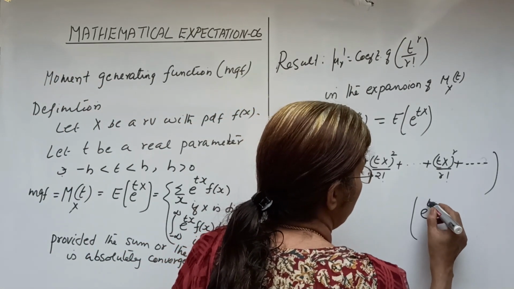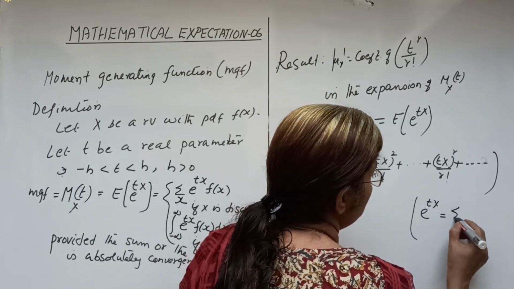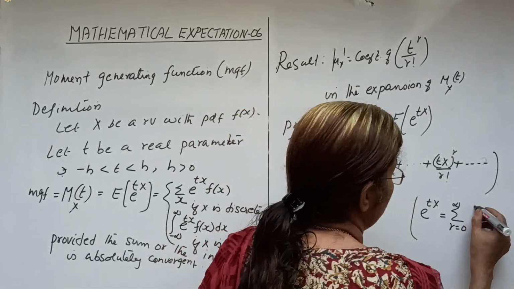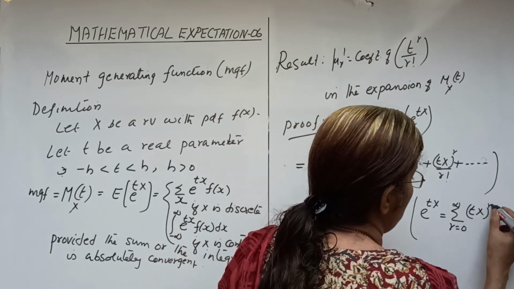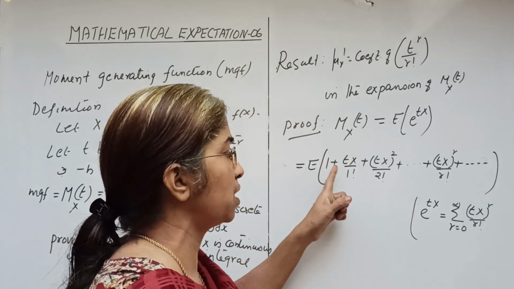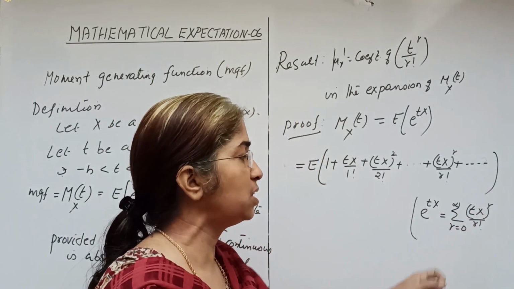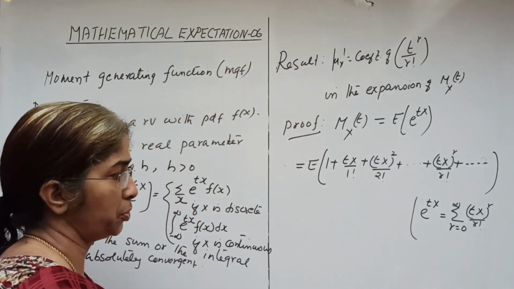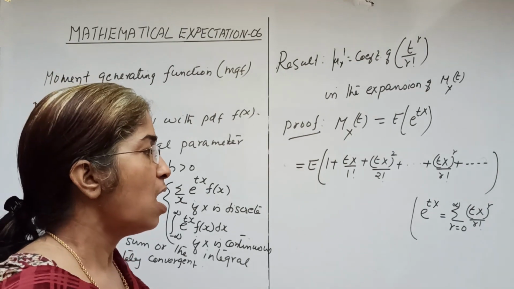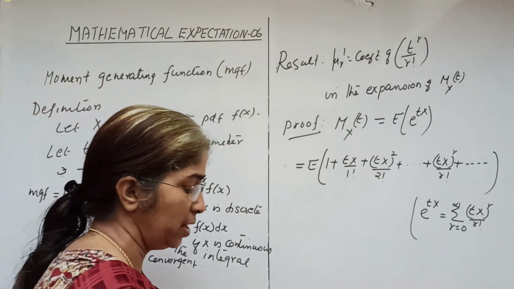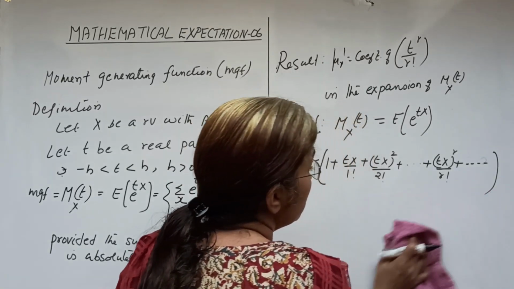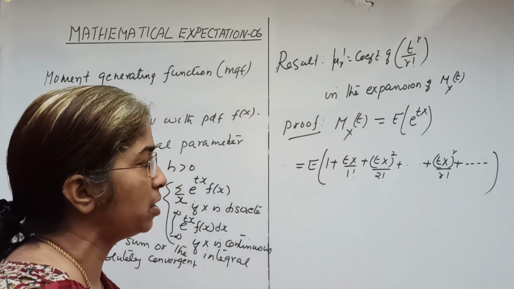That is, we can write e raised to tx as the sum over r equal to 0 to infinity of (tx) whole raised to r by r factorial. For r equal to 0, it becomes (tx) raised to 0 by 0 factorial, which is equal to 1. So now we take expectation term by term.